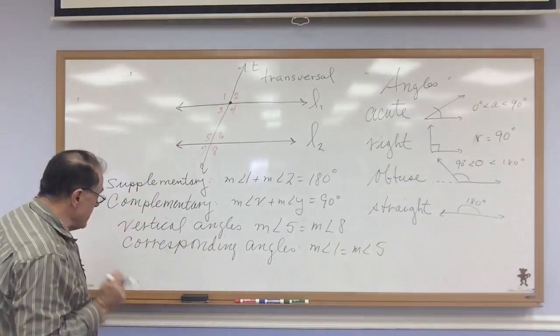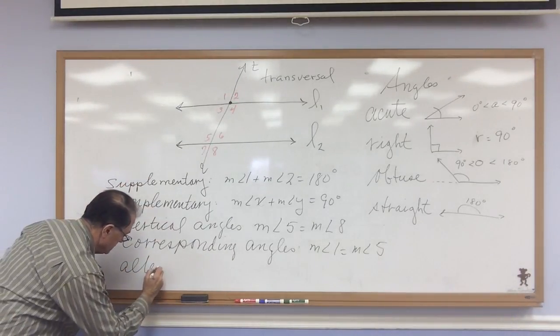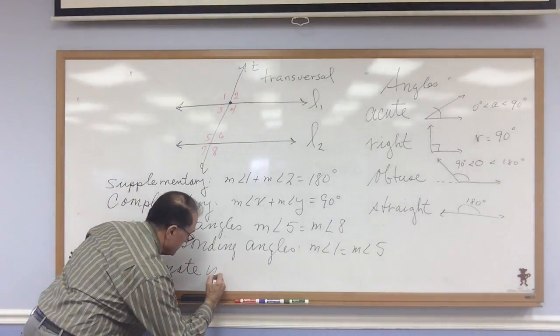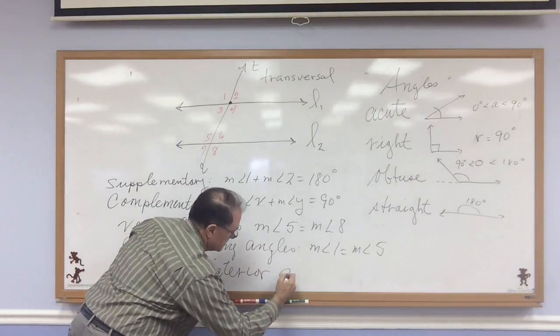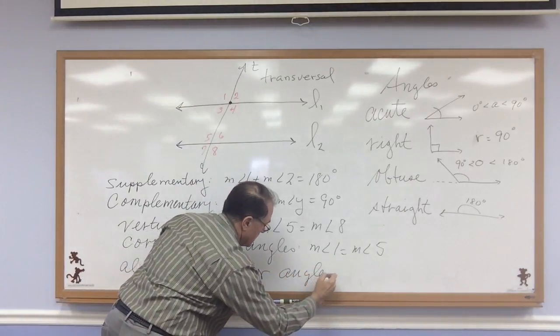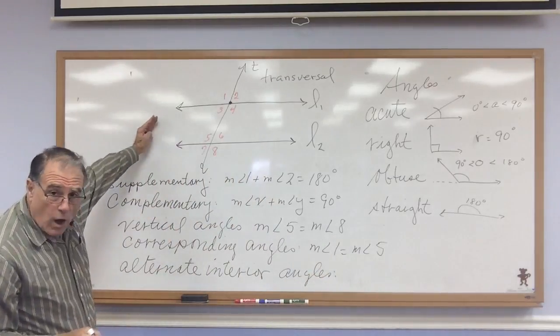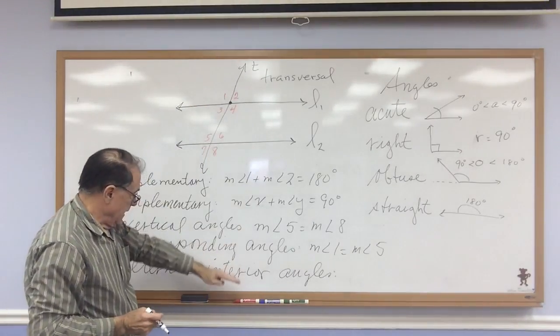And the fifth type to mention would be alternate interior angles. So alternate, one is on one side of the transversal, one is on the other.